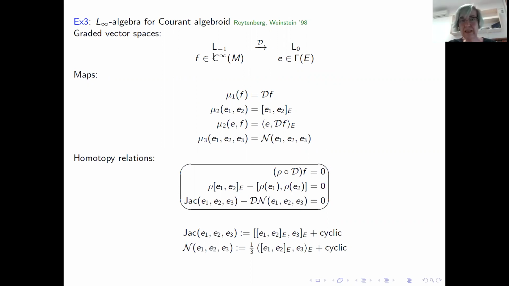So mu1 is this map, this differential that goes from the functions to the sections of the bundle. Your mu2 map is the Courant bracket. Your mu2 map between sections and functions is just bilinear.